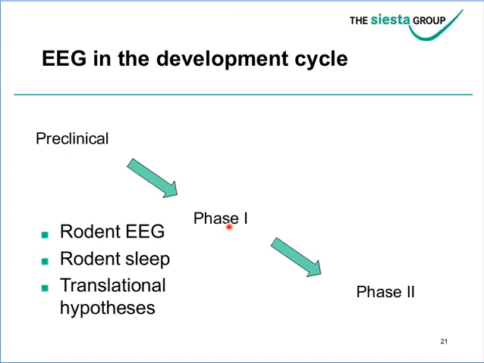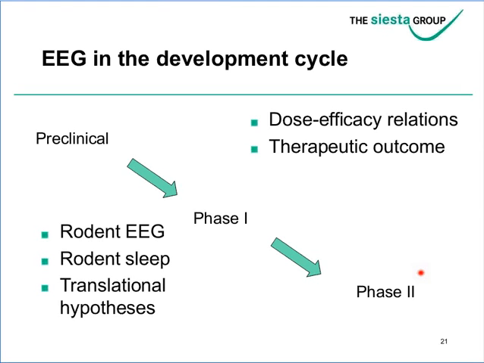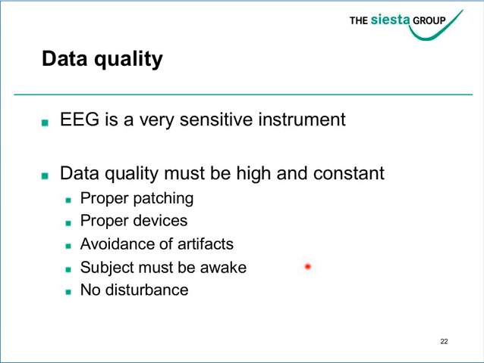But also beyond phase 1, phase 2 can also be the place for EEG measurements when it comes to dose efficacy relations, dose finding, the therapeutic outcome, or the relationship to other clinical variables. So this wide portfolio of phases is typically where you would expect to find EEG as a measurement in your drug trial.